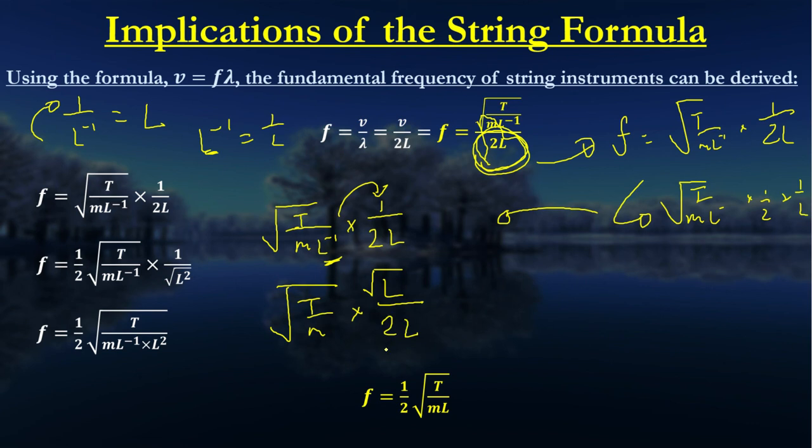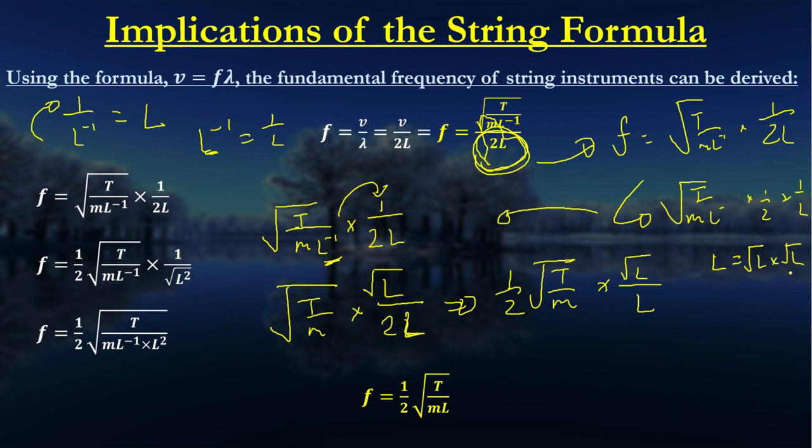Now I'm going to move the 2 to the other side, at the front. We get half times the square root of T over m, times square root of L over L. What we also know is L is the same thing as the square root of L times the square root of L. So if I simplify this, with a little cancelling out, I can get it as square root of T over m times 1 over square root of L. Rearrange all that together and you get this equation here.